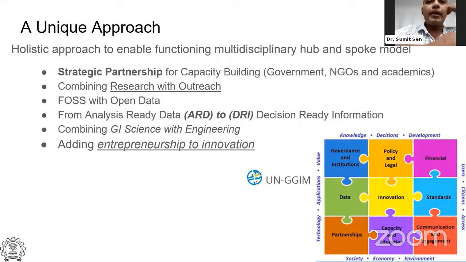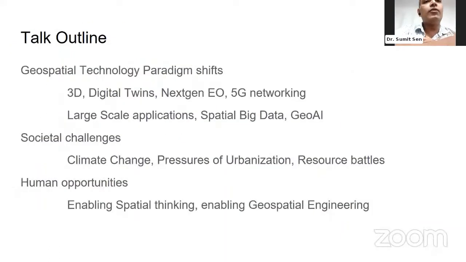So we hope to show some progress in all these strategic areas, including governance and institution, data, partnership, capacity building, innovation, standards, communication and engagement, and in some sense also the financial. So my talk outline is basically these. I think we can go to the next slide.